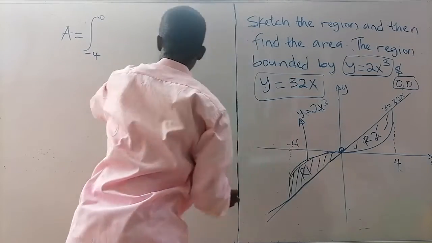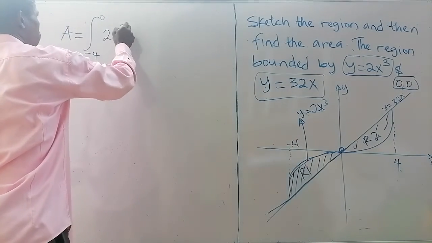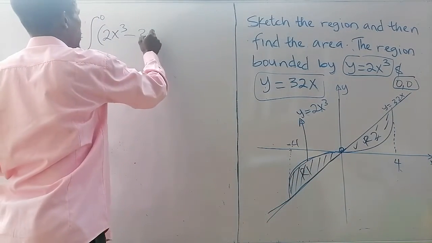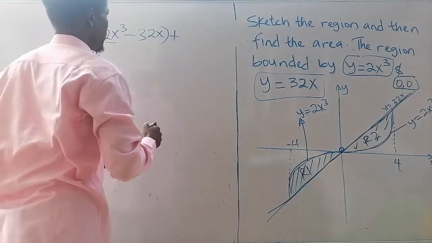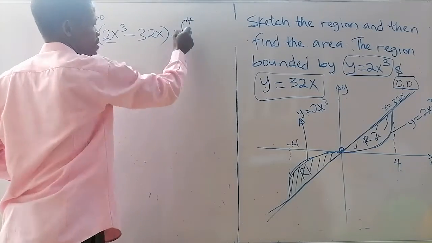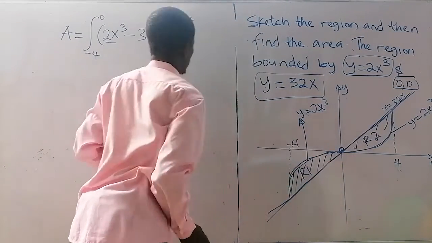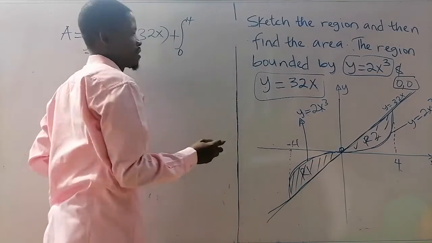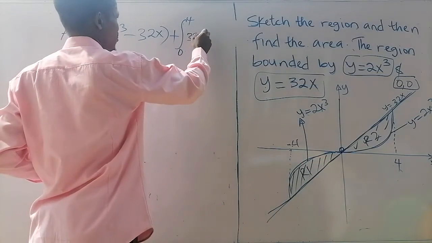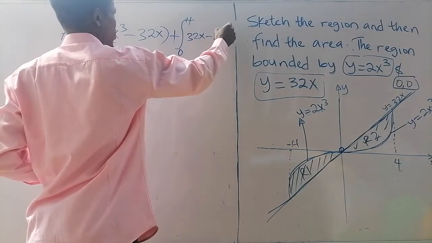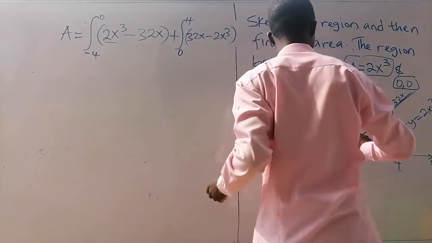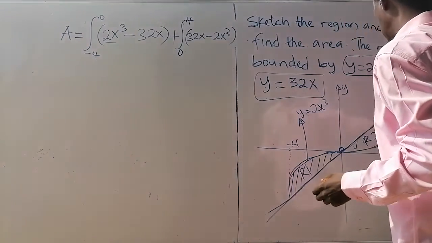We have the cubic on top, that is 2x cubed minus the straight line graph, 32x. Then plus the integral from 0 to 4. There the linear is on top of the cubic, so that will be 32x minus 2x cubed. So that's the area there: the linear graph is on top of the cubic graph.